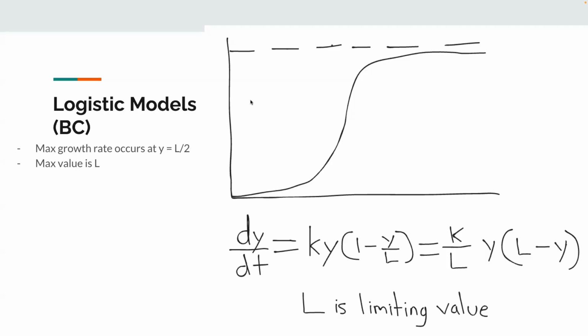And yeah, just be sure to recognize it and solve for these values. And know that the max value is L. They might ask you about that to find the max value and find out where the max growth rate occurs. And the max growth rate also occurs at the inflection point where it changes concavity.